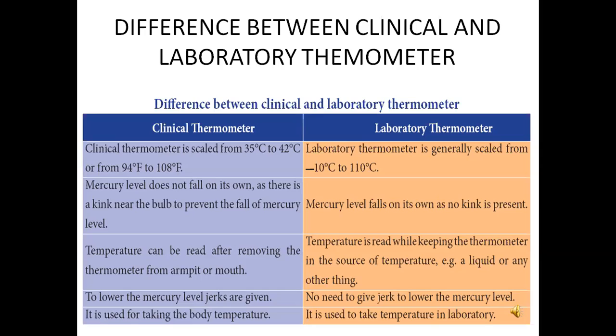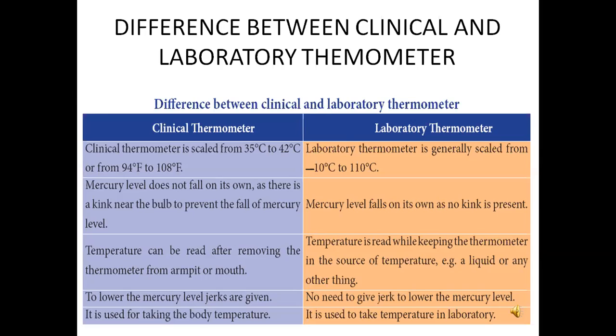In a clinical thermometer, the mercury level does not fall on its own, as there is a kink near the bulb to prevent the fall of the mercury level. But in a laboratory thermometer, the mercury level falls on its own as no kink is present. In a clinical thermometer, the temperature can be read after removing the thermometer from the armpit or mouth.